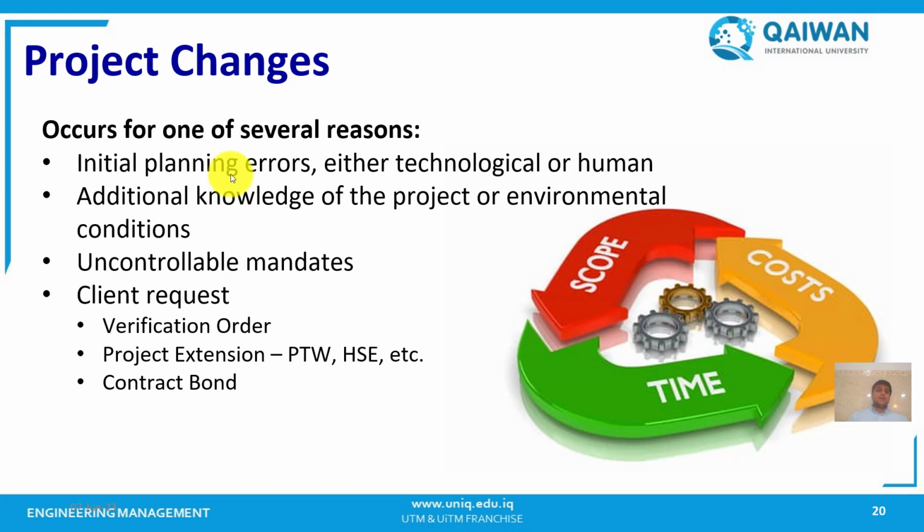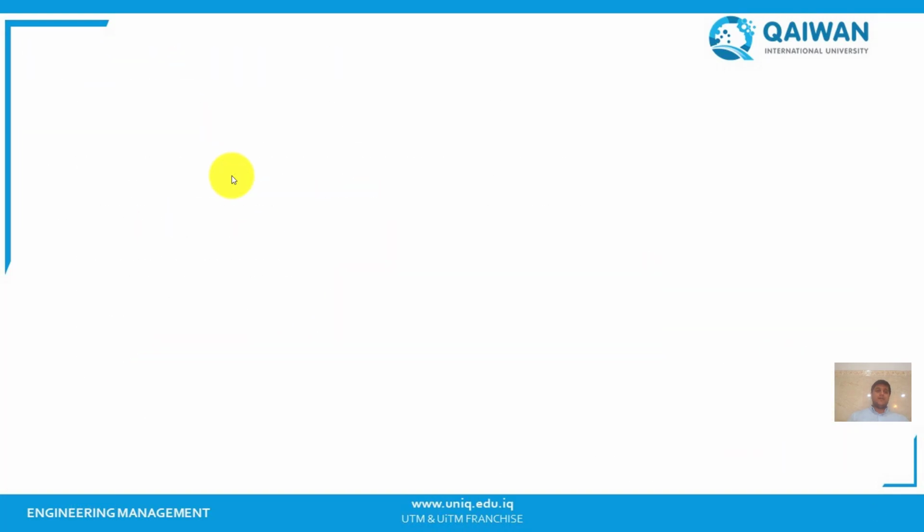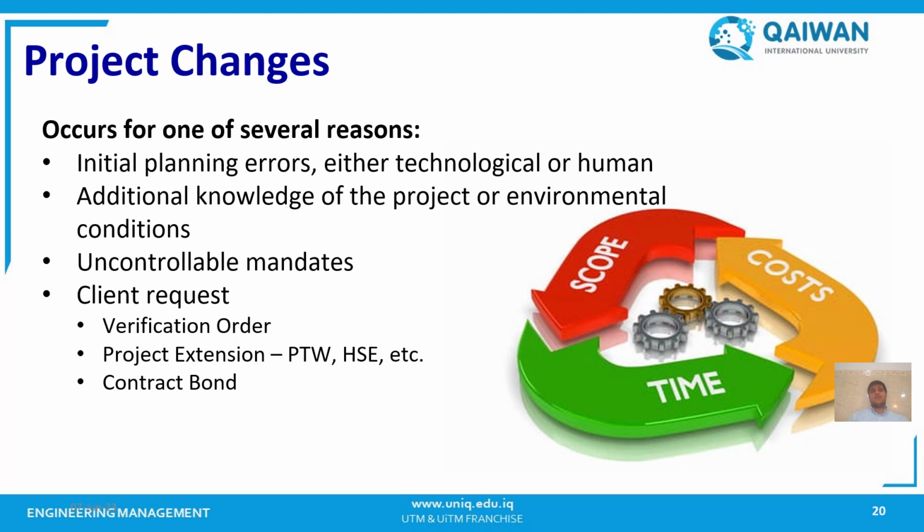Managing the project changes involves an effective change control process, which includes documenting the change requests, assessing their impacts, considering the feasibility, and making informed decisions on whether to approve or reject the proposed changes.